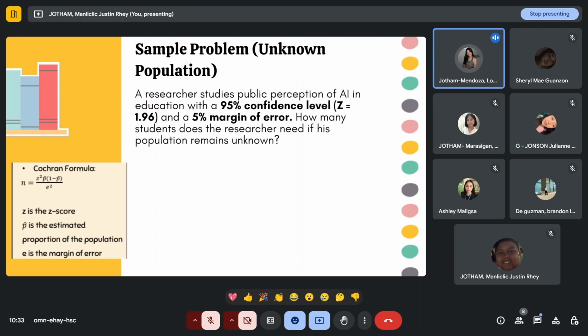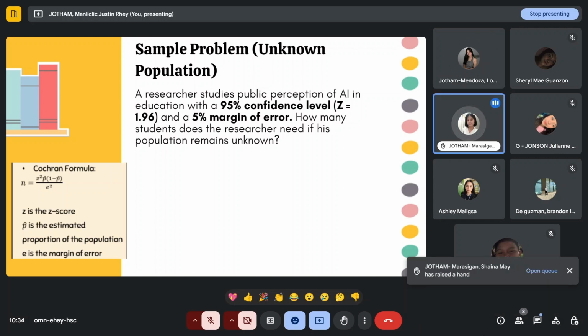So I will give you 1 minute to answer this problem. First, let's identify the given. What is the confidence level? Shaina. 95% po, ma'am, or 1.96 po pala, ma'am.